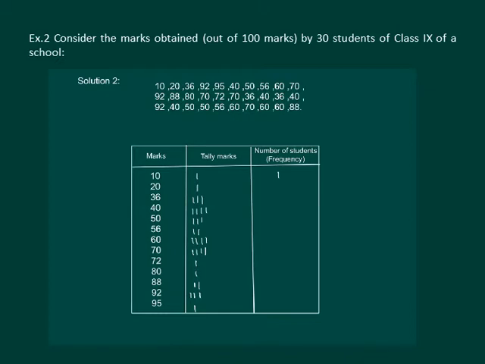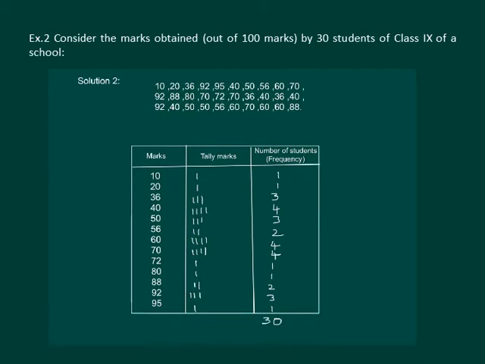Similarly, only one student got 20 marks. 3 students got 36 marks. 4 students got 40 marks. 3 students got 50 marks. Likewise, using the tally marks, we complete the frequency column and note that the sum of the number of students will be 30.